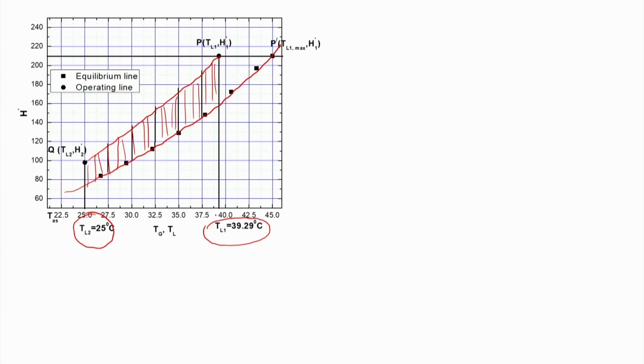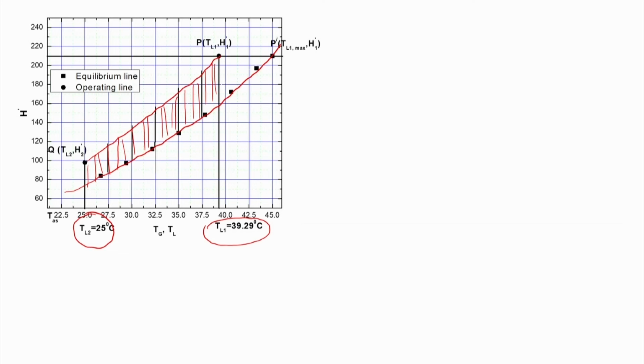In between, we need to get the enthalpy value and the equilibrium enthalpy value. In all cases, the equilibrium enthalpy values will be much lower than the actual enthalpy value in the air. So, we need to find this.